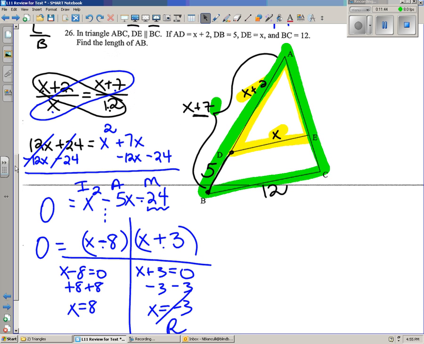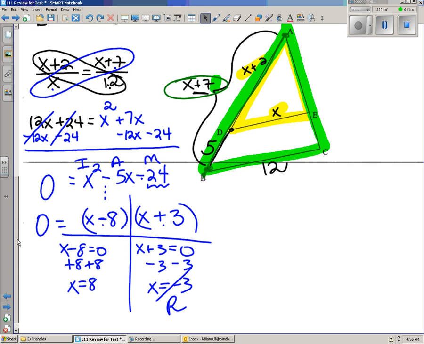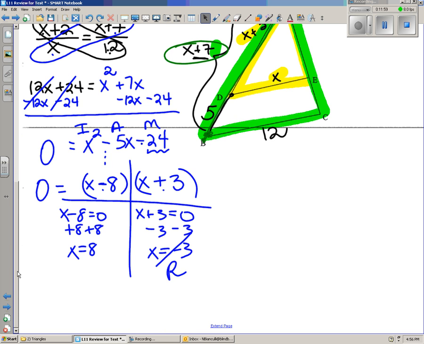It's asking us to find the length of AB. AB is from here to here, which is not represented by x. It's represented by x plus 7. So again, getting that x value is a part of the problem, but you got to finish it off. So we want to get AB, which is actually x plus 7, which is 8 plus 7 equals 15.